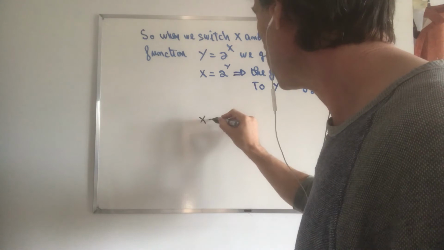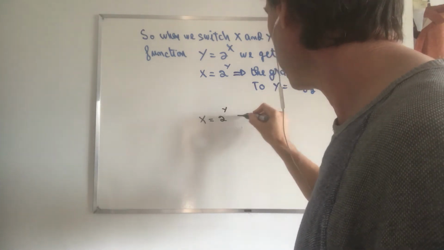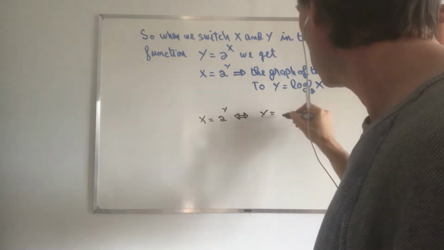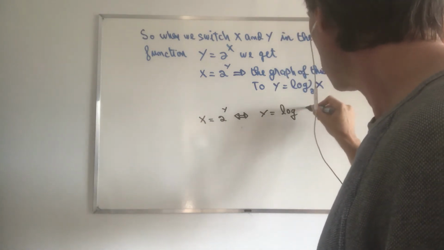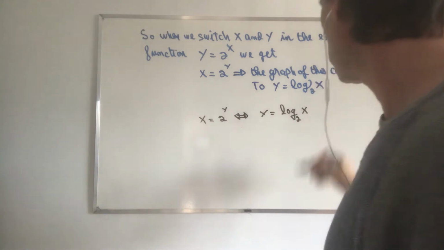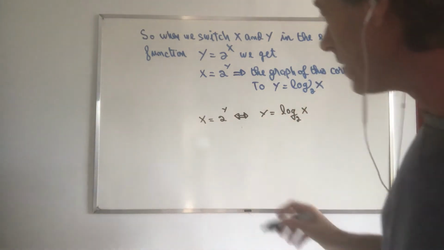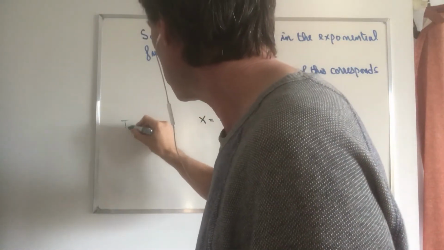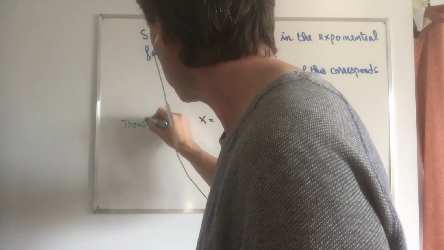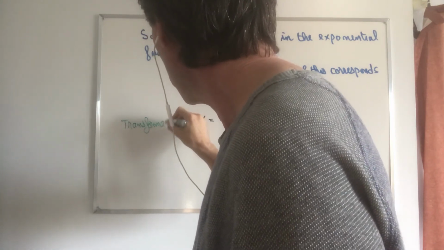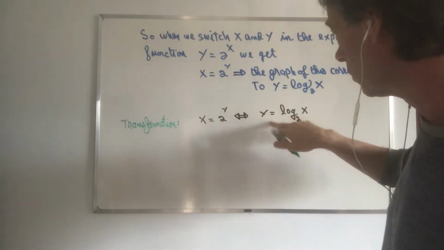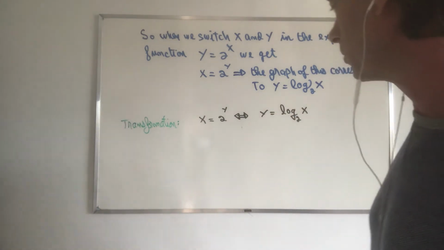So that's what I want to point out. x equals 2 to the y will give us, when we transform it into a log, y equals log of x to the base 2. That's your basic transformation formula. So this is your basic transformation. When you want to change an exponential to a log, this is what you do. Okay?